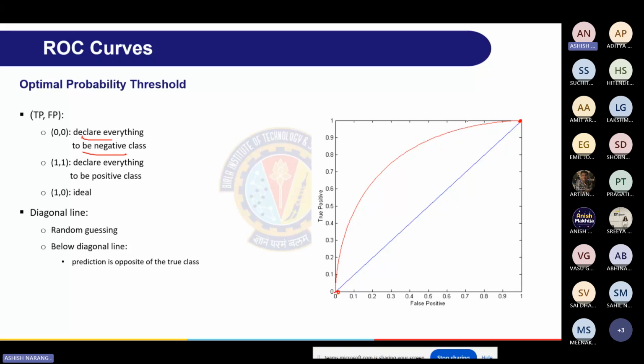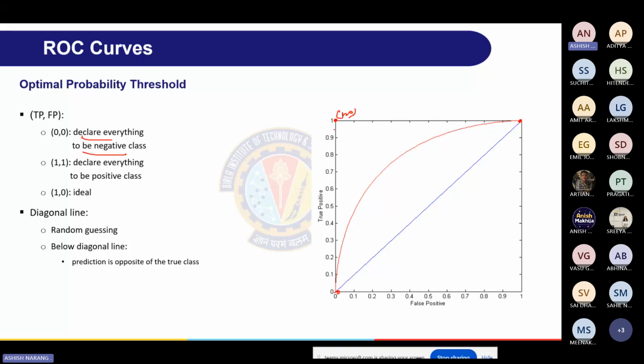Both are not very practical scenarios. (0, 1), where the true positive rate is 1 and the false positive rate is 0, is something that we want. This is the ideal, perfect point. But again, these are cases which are not very practical, right?